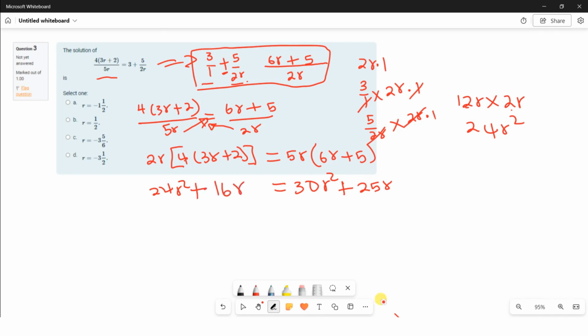Once you get to a point like this, you can move everything to one side. Let's move everything to the left hand side. You'll have 24r square plus 16r minus 30r square minus 25r equals 0.